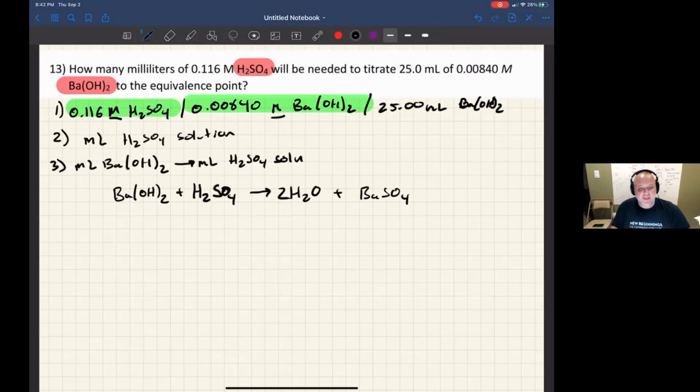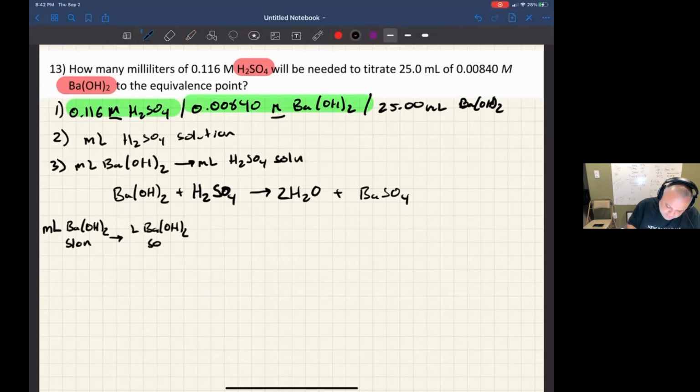I've got a basic plan. And so let's form out a full-blown plan. Now, it's going to take a few steps, mostly because I'm converting milliliters of solution to liters of solution. So I have milliliters of barium hydroxide solution. I'm going to convert that to liters of barium hydroxide solution. Look, I spelled solution wrong over here.